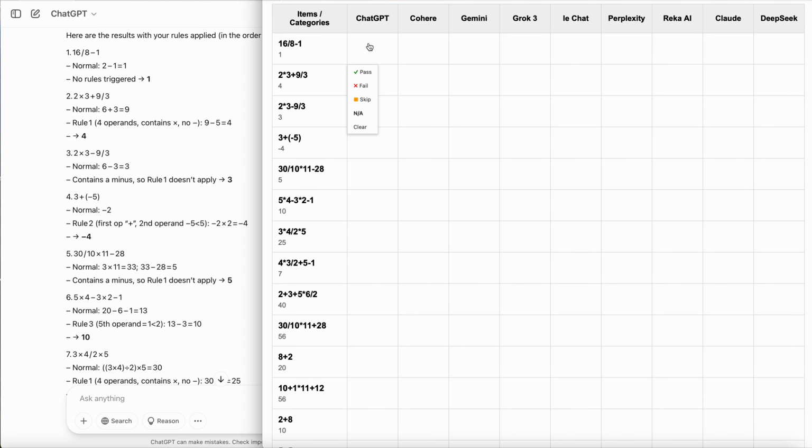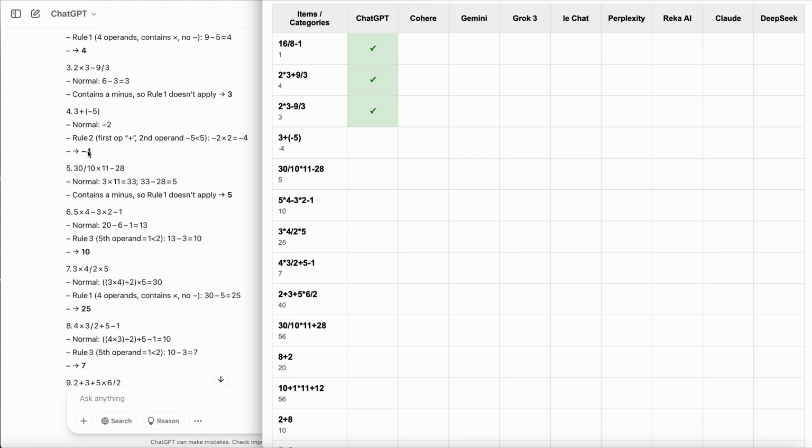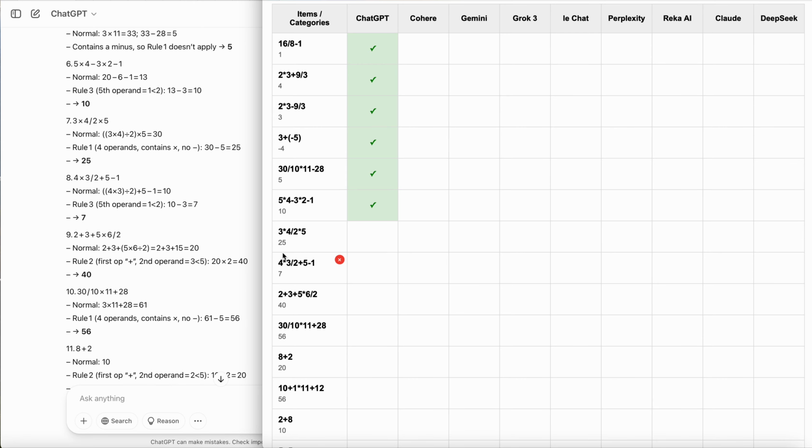1, 1, yes. By the way, you can see that I have a beautiful checklist thanks to Claude of Anthropic, and let's run. Second, 4, 4, pass. 3, 3, pass. Minus 4, pass. 5, 5, pass. 10, 10. 25, 25. 7, 7.